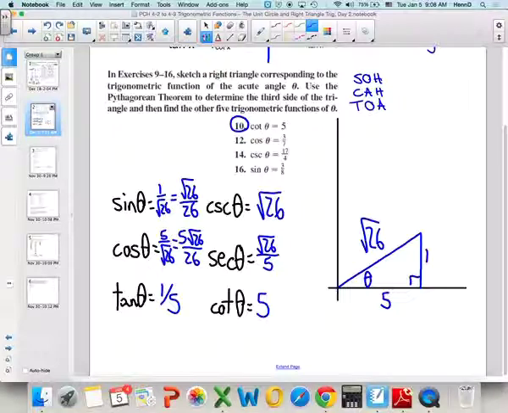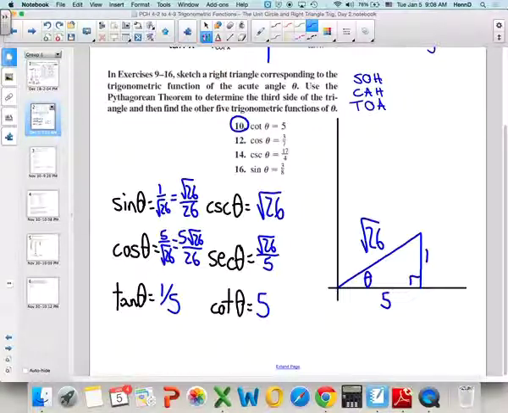Now, obviously, guys, sine and cosine always have to be between -1 and +1. When you take the reciprocal of a fraction, you always get something bigger than 1. So you know cosecant and secant will always end up being bigger than 1.